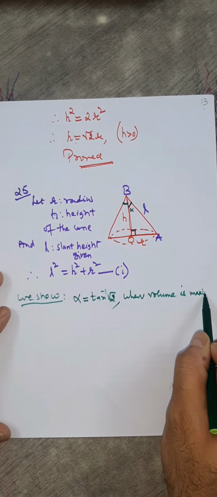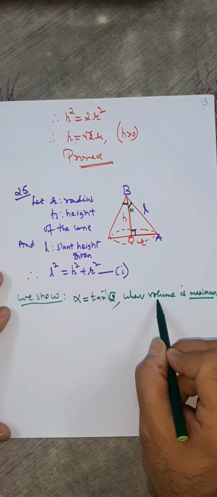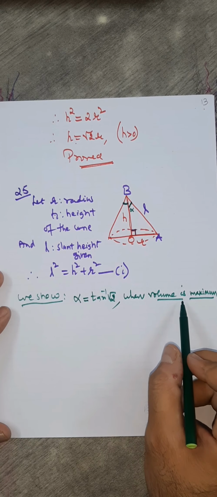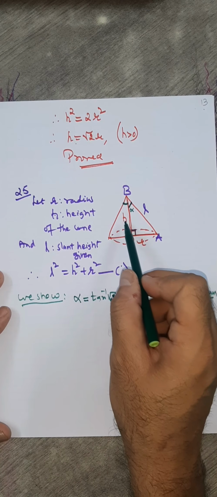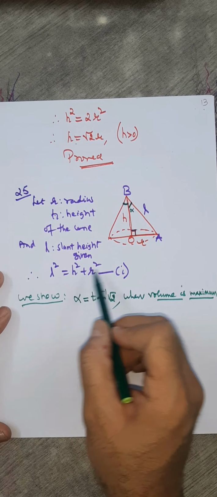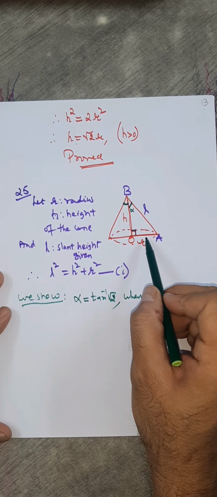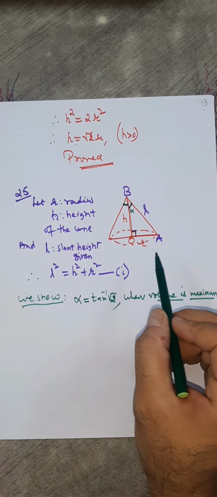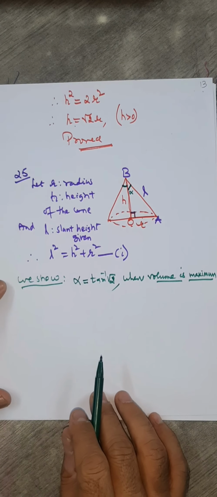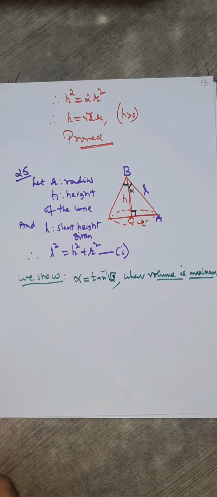So at least you are clear that you want to maximize the volume. You'll get the relation between H and R, and therefore you'll get L, and then use tan alpha. Tan alpha in a right angle triangle is opposite upon adjacent. That's the flow of the solution, right?